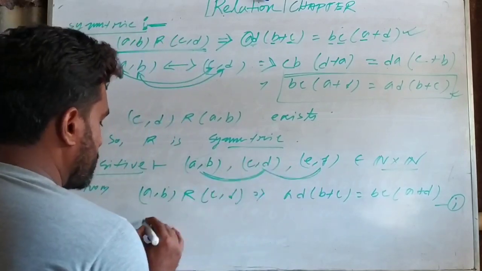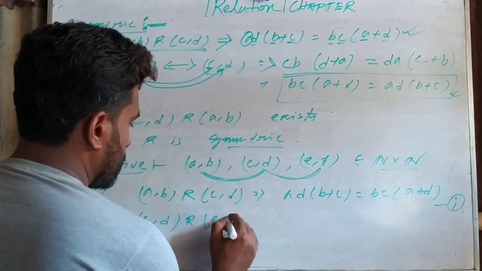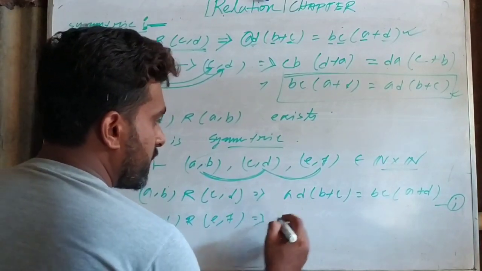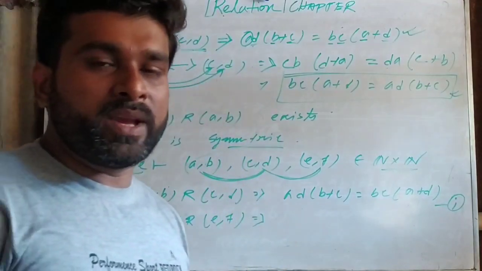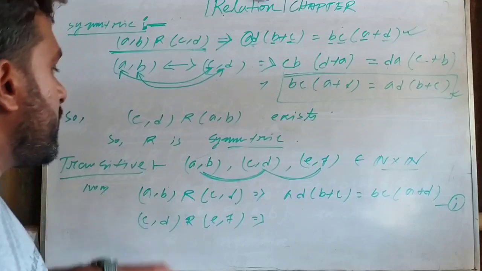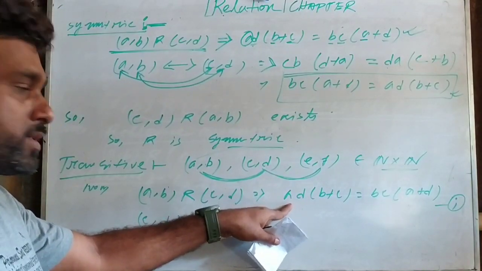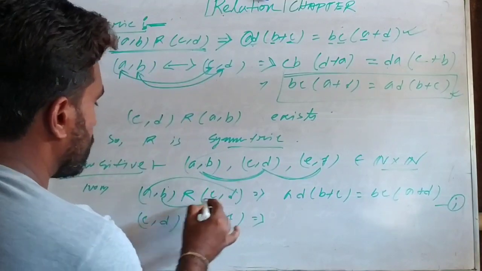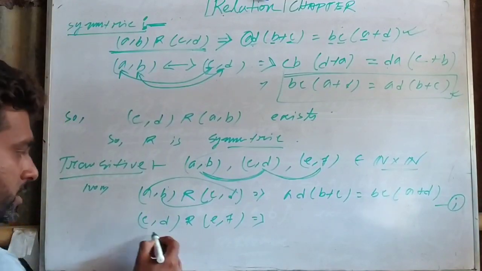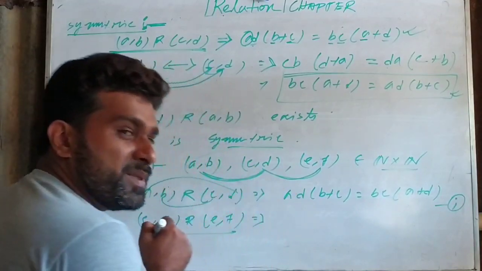Now these two have their relation, CD and EF. Now do you remember the similarity, whatever I discussed in the beginning? At first, on the left hand side, the corner elements will be multiplied and the middle two elements will be added. Follow the same similarity here.